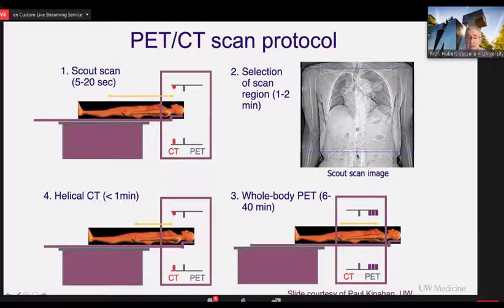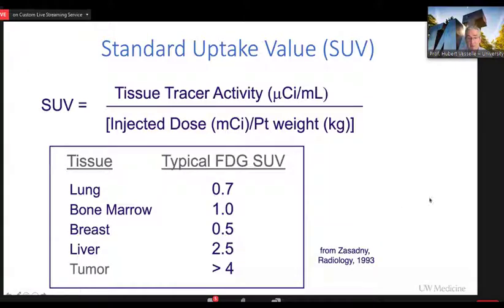Whereas photons that come from, let's say, the bone are going to be stopped a lot. So we need to correct for that. How do we do this correction? We use CT information, and then we fold that into the reconstruction algorithm to obtain what we call attenuation-corrected images.